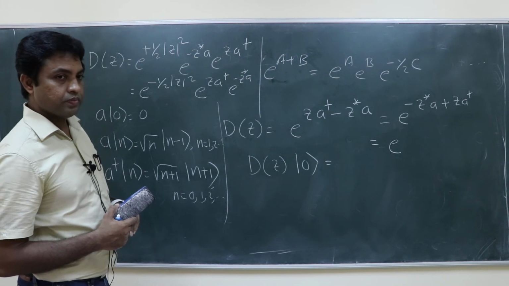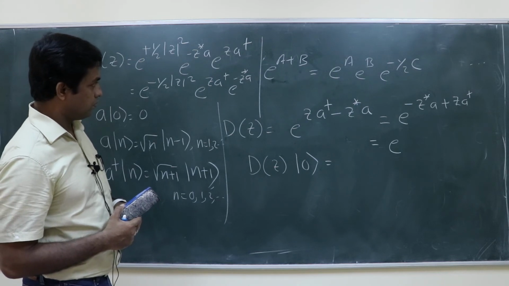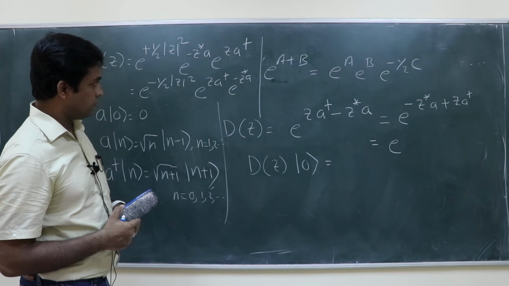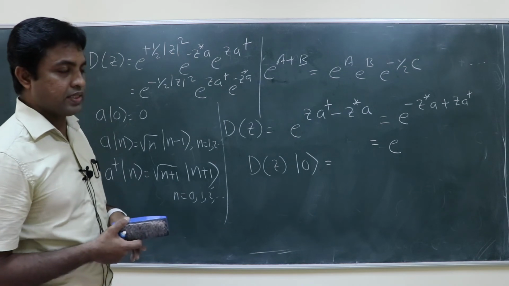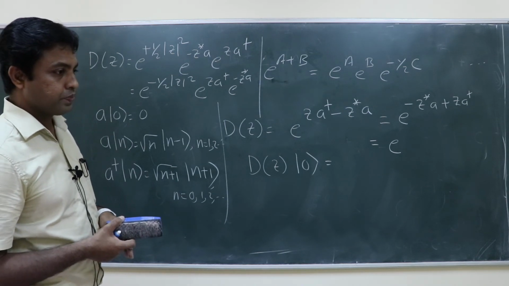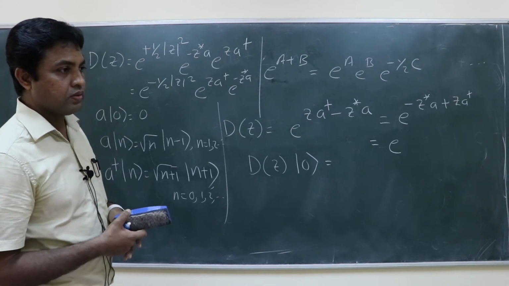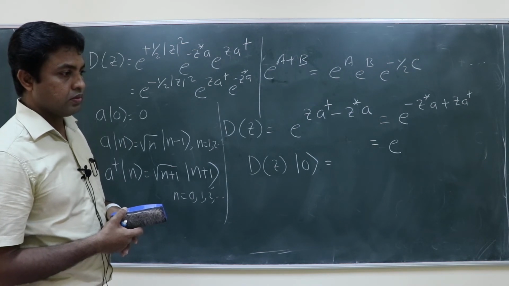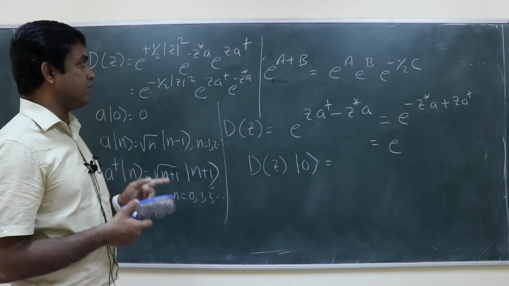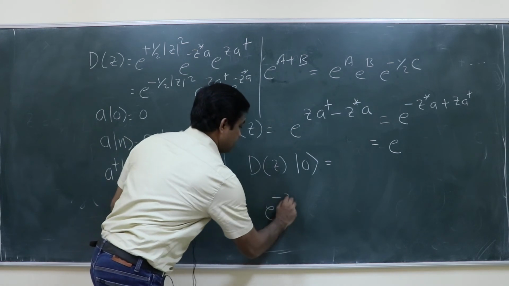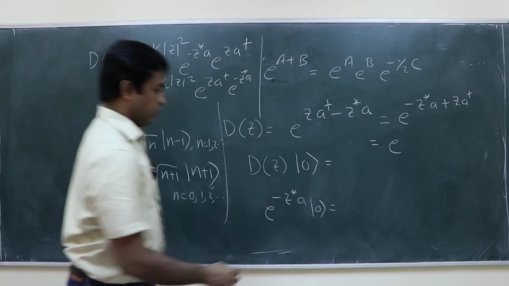The expansion coefficient, when we are expanding this, has a and higher powers of a, but only one term will be existing. Which term? Identity. So what is e power minus z star a acting on ket 0?